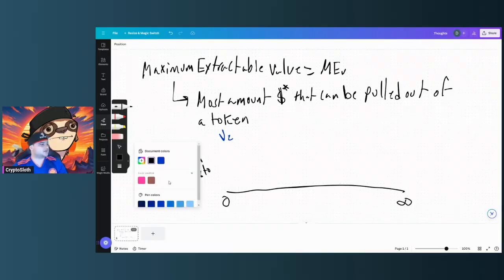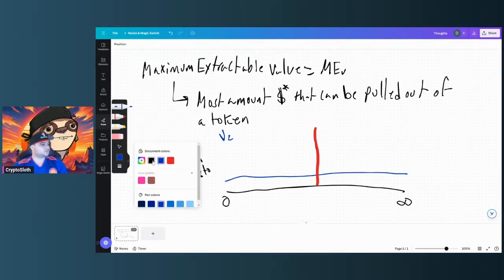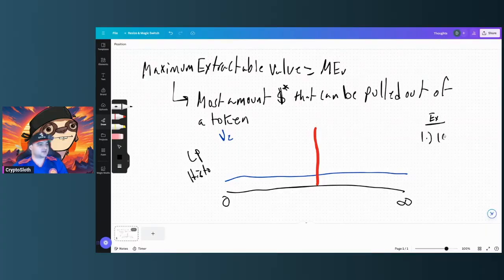We know that V2 is spread evenly across all potential prices that exist. And if red is where the current price is, right here, and in this example, example 1, we have $10,000 of liquidity in this pool.